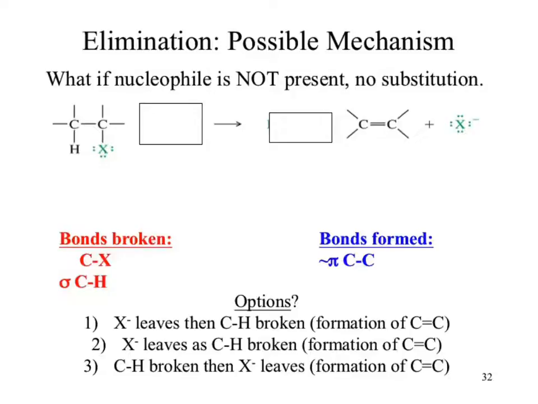Okay, let's look at the first one. We break atom X first. Right? We'd end up with that intermediate. In option 3, we're saying we break the hydrogen first.